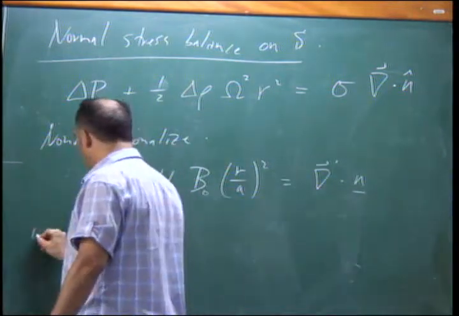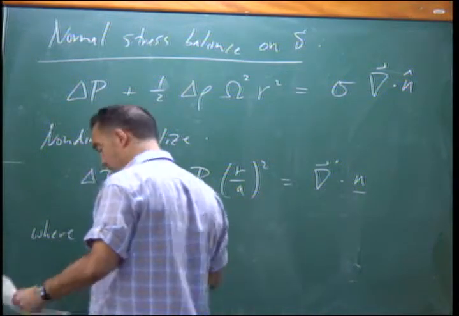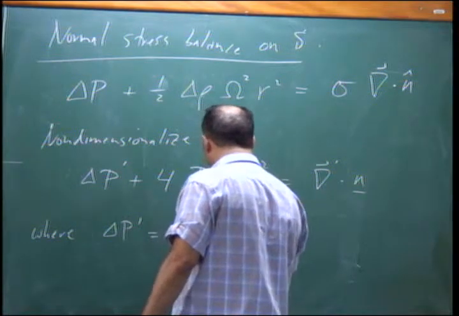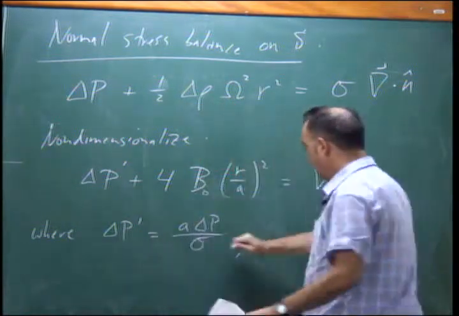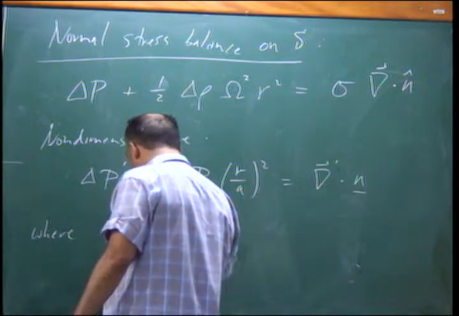Okay, and delta P primed, delta P over sigma. And this variable here, so we've seen a bond number is gravity to surface tension.